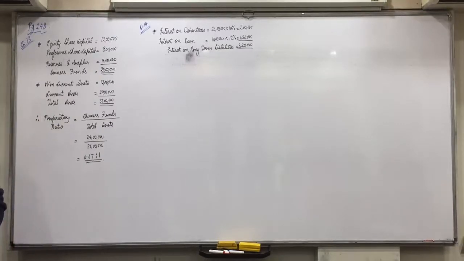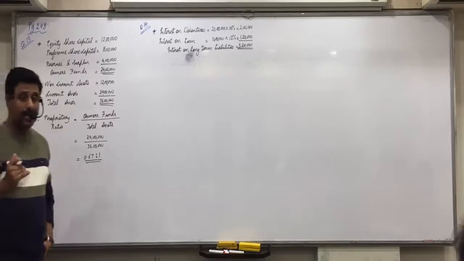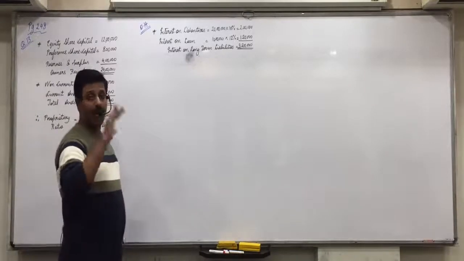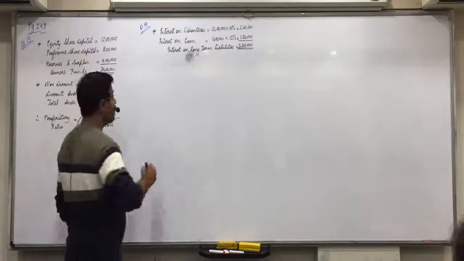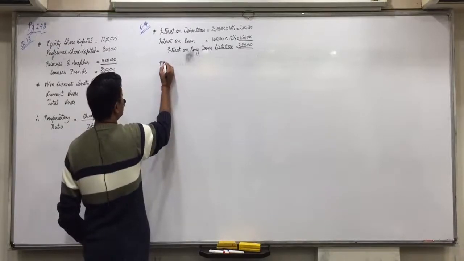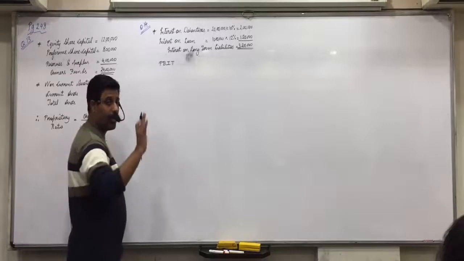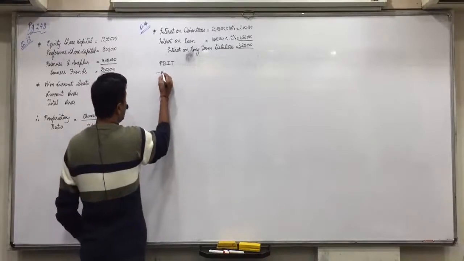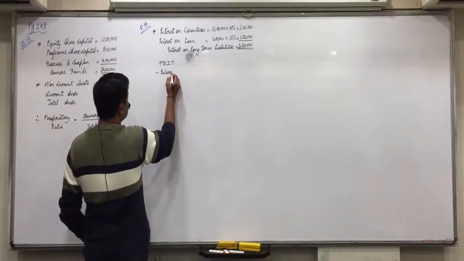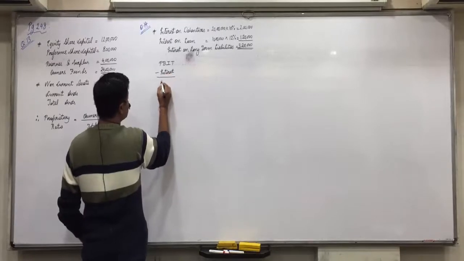Now if you remember, I explained to you yesterday the various profits which are available in the business, and why we take earnings before interest and tax. So understand how we will find earnings before interest and tax. We require earnings before interest and tax. Don't write it, just understand.